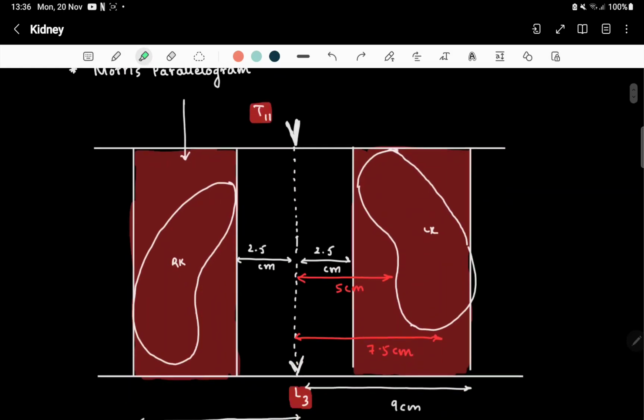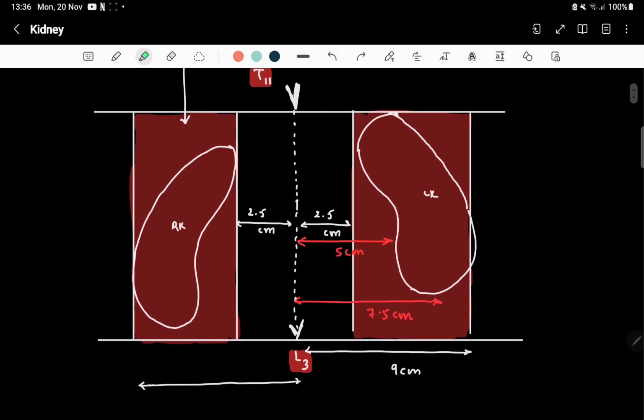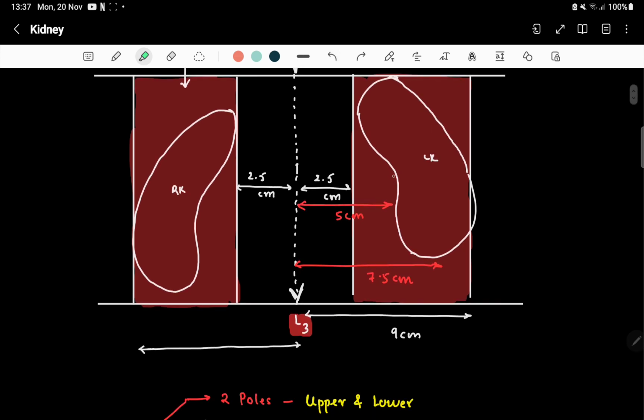Okay, so this is the right kidney like this, and this is the left kidney present like this. This length is 2.5 cm. So it is present just 2.5 cm distance from this line connecting T11 to L3. And this left kidney is about 5 cm from this part.